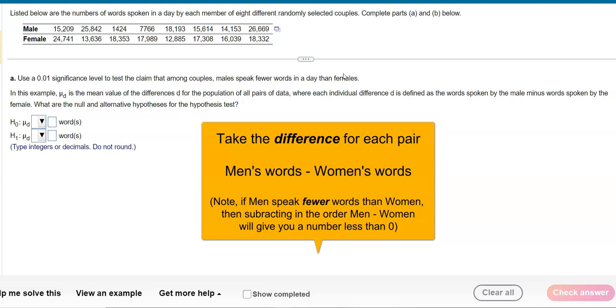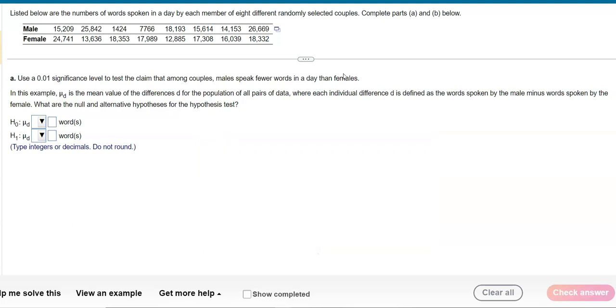I'm going to get a result that's less than 0. So that is what symbolically our hypothesis or our claim is going to be here, that the mean of the differences is less than 0.